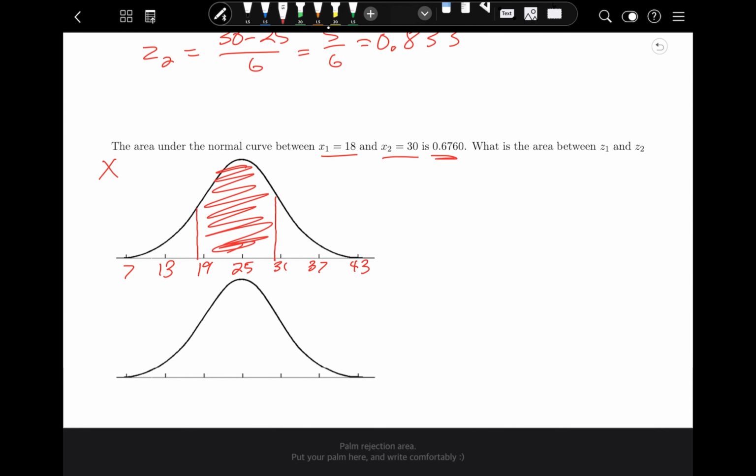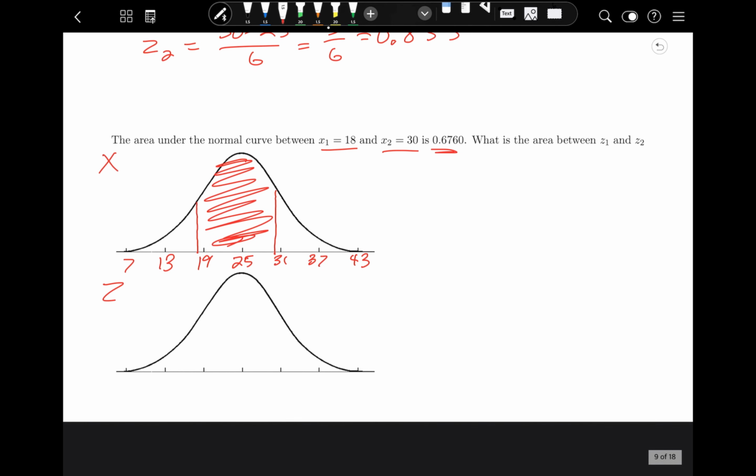Well, if we go to the standard normal curve, we have a mean of 0 and a standard deviation of 1. So these would be 0, 1, 2, 3, and then negative 1, negative 2, negative 3 on the left. If we mark in our z values, z sub 1 was negative 1.167 and z sub 2 was 0.833.